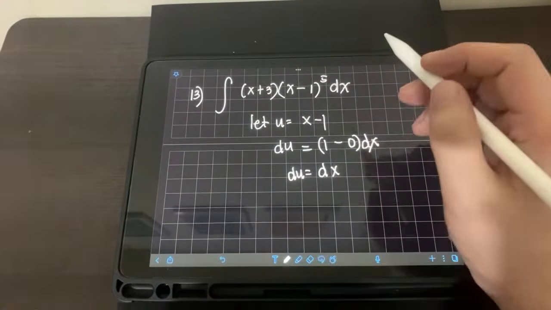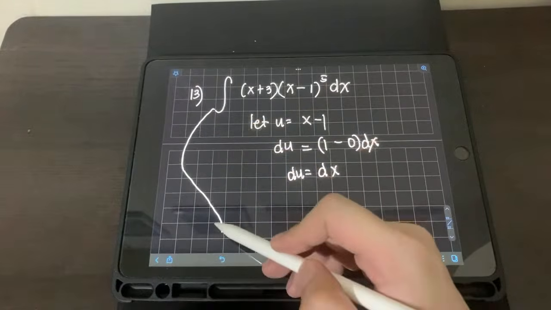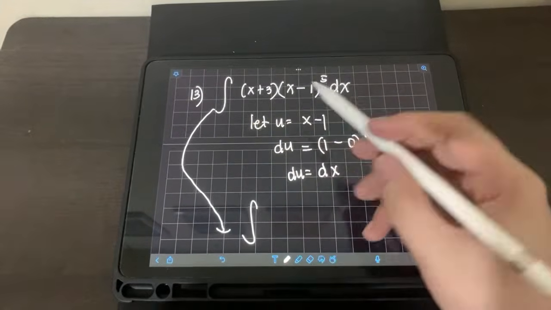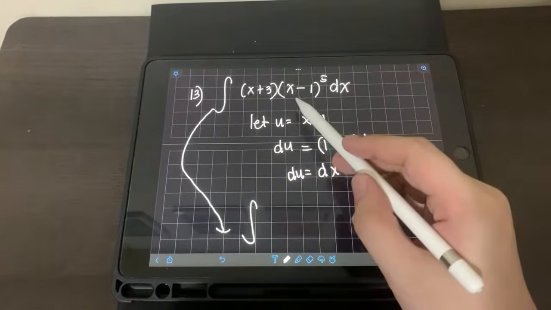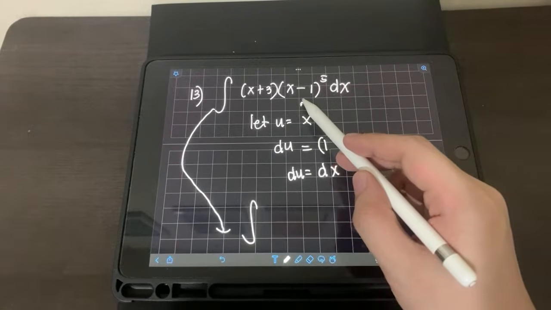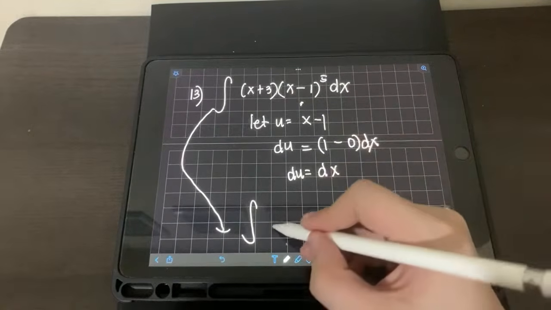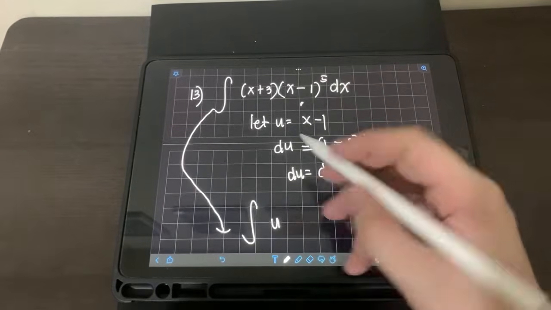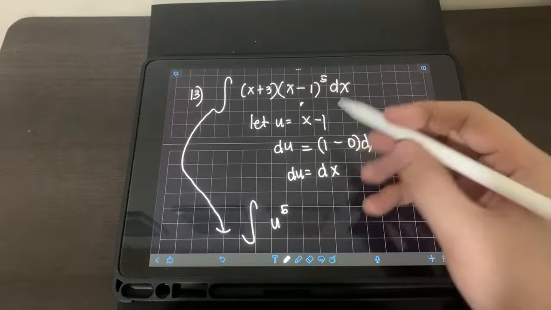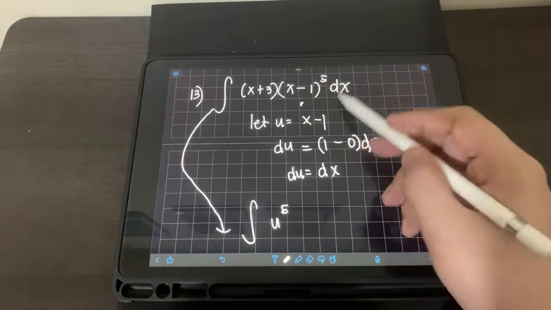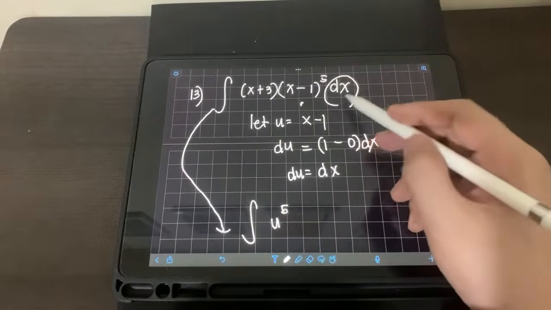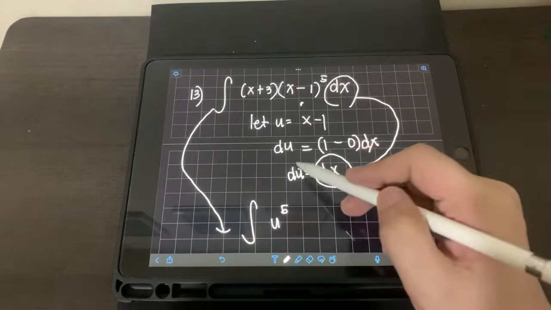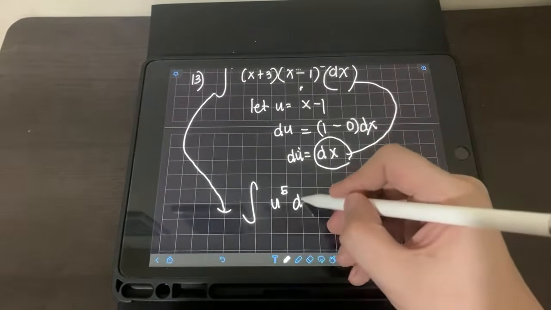Now, if we substitute, x minus 1 is u, and then it is raised to the 5th power. Then dx. So, what is dx in terms of du? Simply du, right?